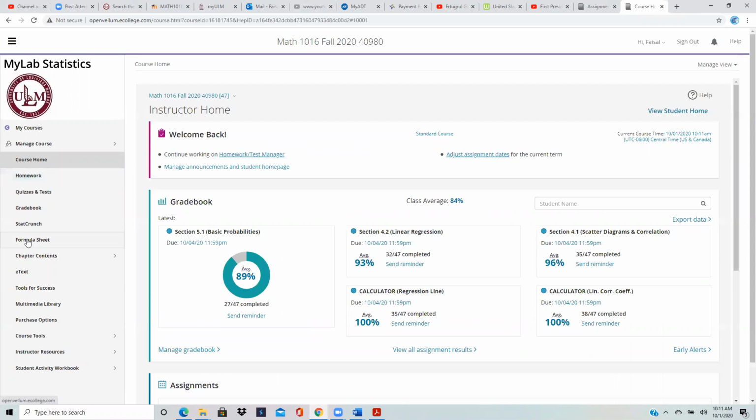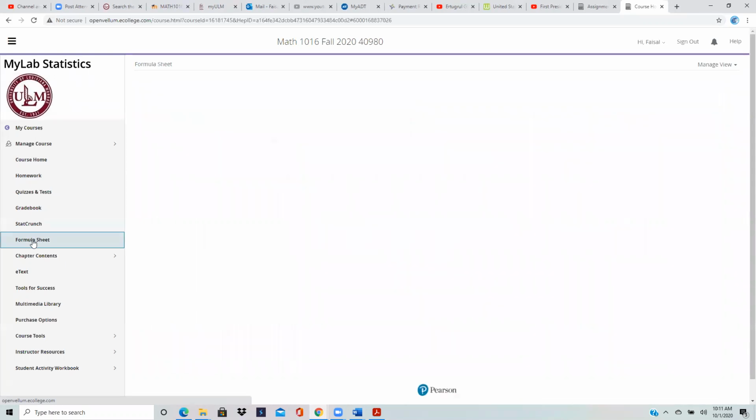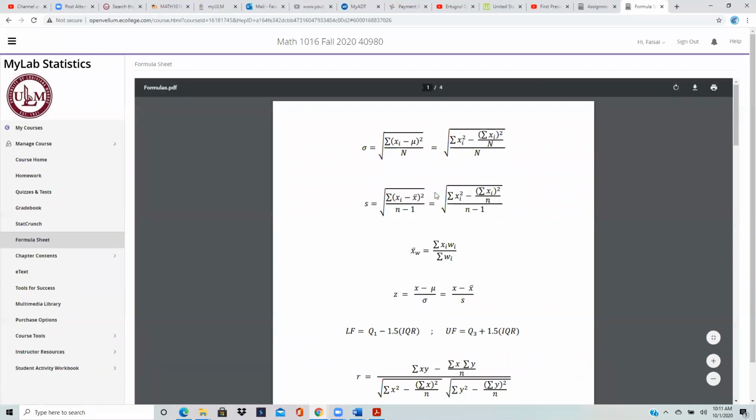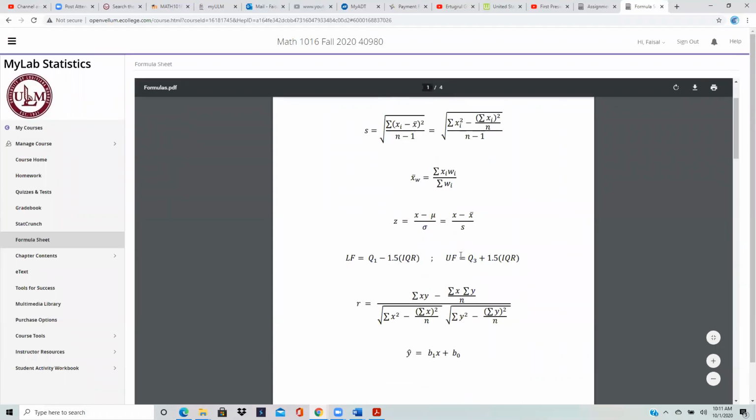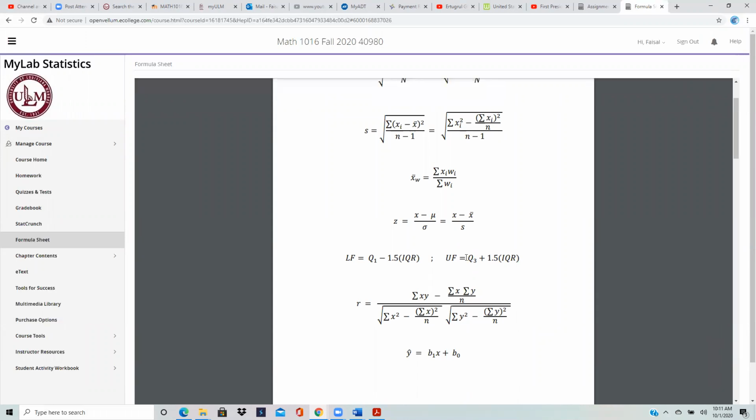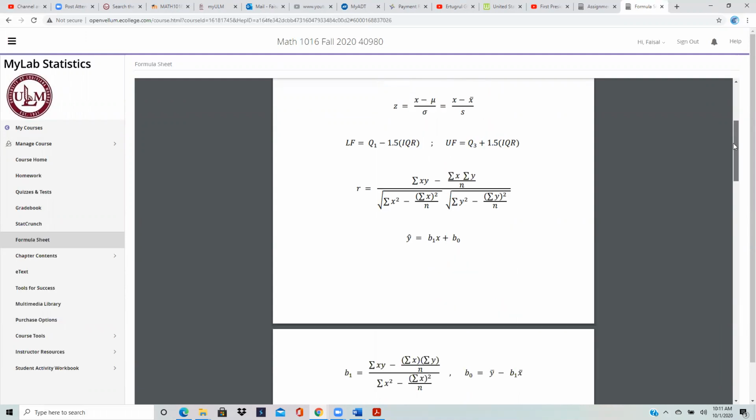This formula sheet. And let's see if it has the fences on it. I think it does. Yeah, look. Lower fence, upper fence. And it also has a z-score formula. And I think these are the only two you need.